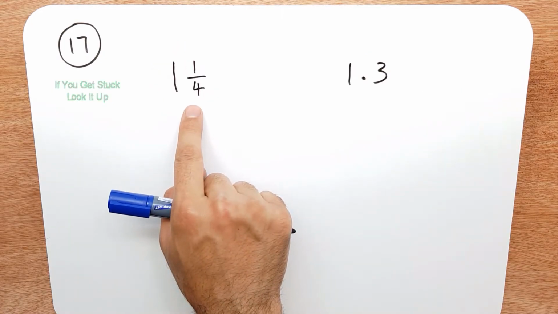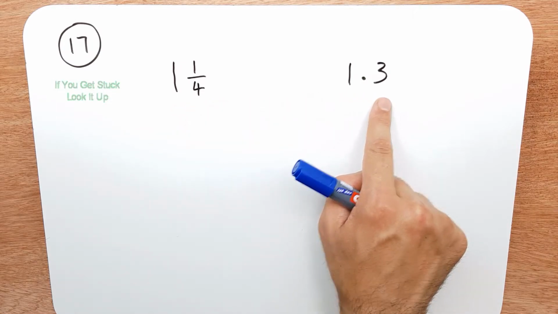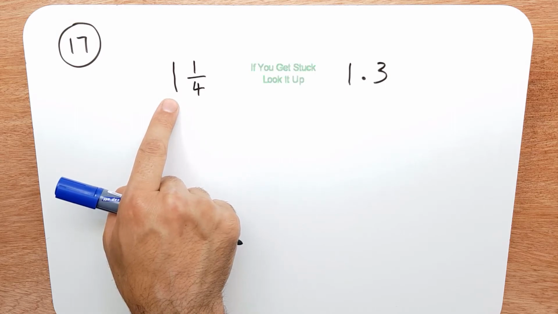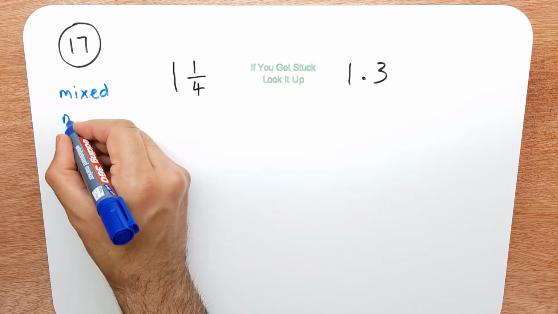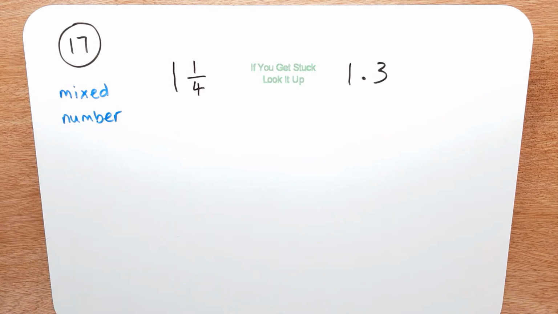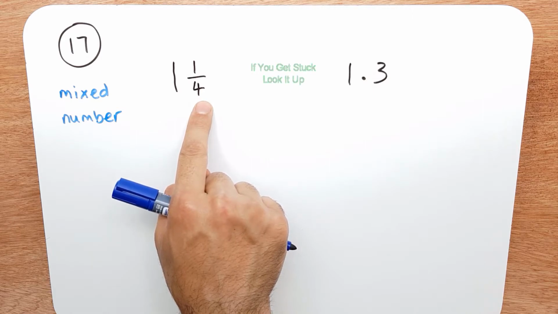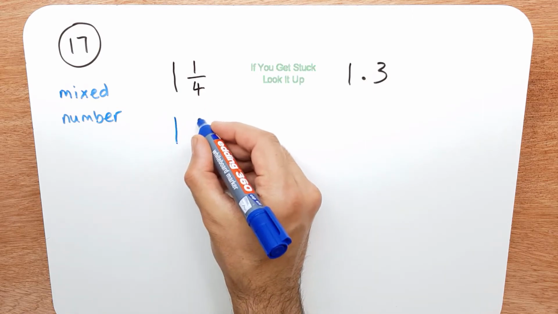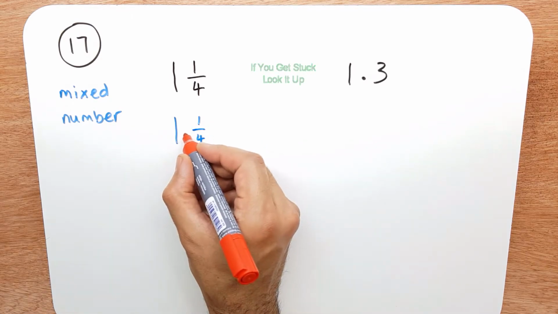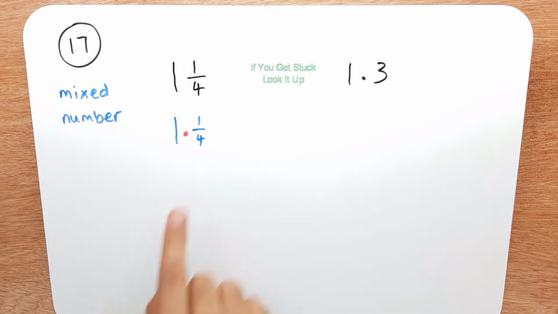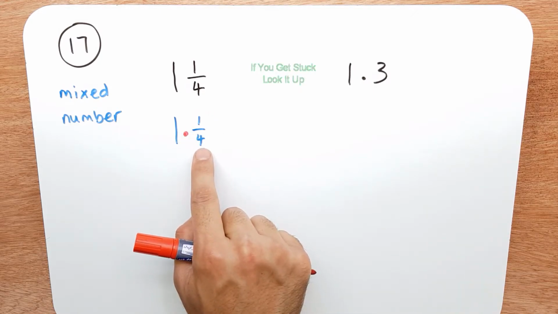In this part of the question, we have 1.25 and 1.3. And remember what we said about this, that is a mixed number. So let's write that again. Where you have a whole part and a fraction part. And what did we say we can do with this? We can put in a decimal point. Now ask yourself, this fraction part, what is that as a decimal?